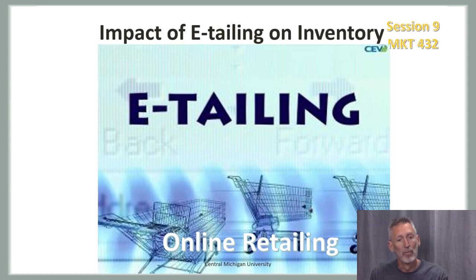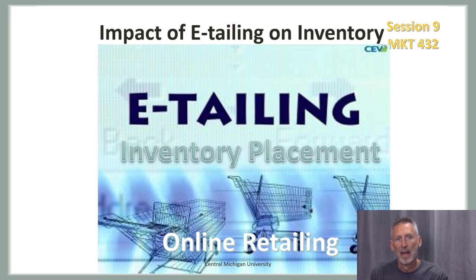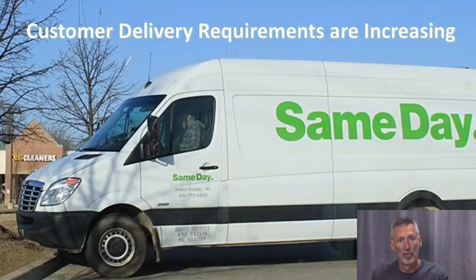All right, so we've moved through the pandemic to this change in consumer behavior where consumers are expecting more e-tailing and online retailing. As a result of that, inventory placement is important. So more inventory is being moved closer to the customer because customers are requiring higher delivery requirements.